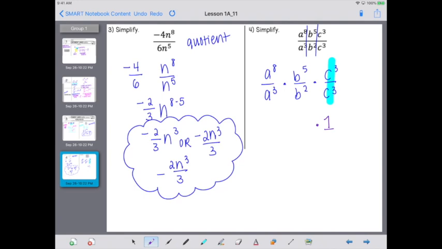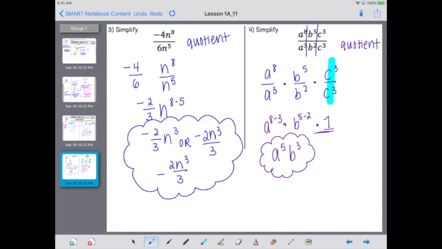B to the 5th divided by b to the 2nd is really b to the 5 minus 2. A to the 8 minus 3rd power. So just rewriting everything, and anything times 1 is going to be itself. We have a to the 5th power times b to the 3rd times 1. So we can leave it, and that is our answer. So here we have the quotient law.